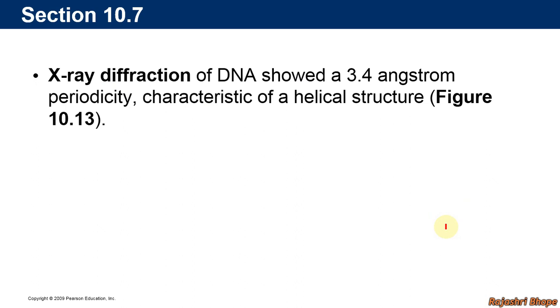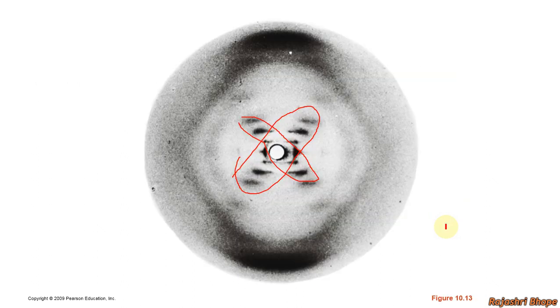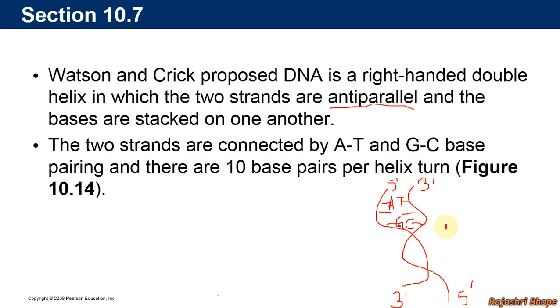X-ray diffraction of the DNA. This is the X-ray diffraction structure studied by Rosalind Franklin. Helical structure. Watson and Crick proposed the complete DNA structure. The Watson and Crick model of the DNA is a right-handed double helix.